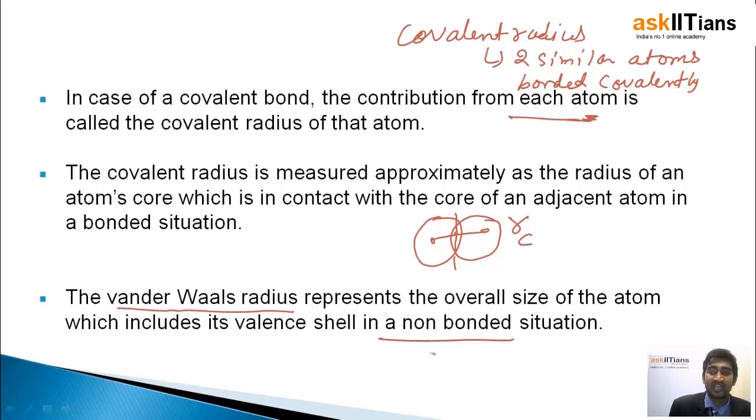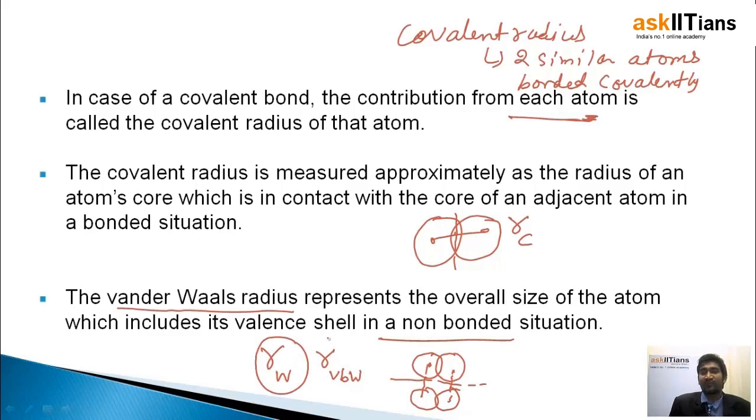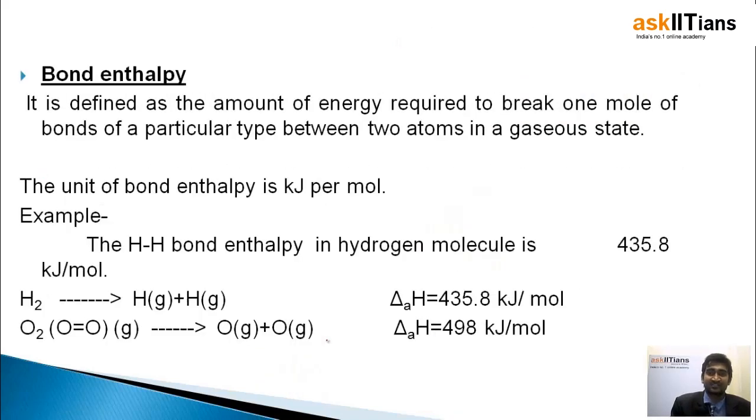For example, if AB is my molecule, then there will be another AB molecule here, and if I halve this nuclei distance, then this will be my van der Waals radius, or just Rw sometimes. So you must have understood the difference between covalent radius and van der Waals radius.